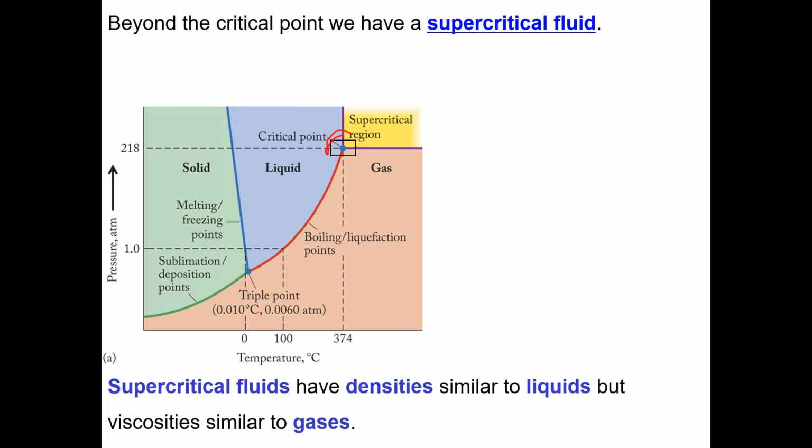So beyond the critical point, we have a supercritical fluid. Supercritical fluids have densities similar to liquids, but viscosities similar to gases. That is, they're fairly dense, but they tend to fill their container. So they're this sort of hybrid, if you will, in terms of their properties between a liquid and a gas. And they're really quite cool.